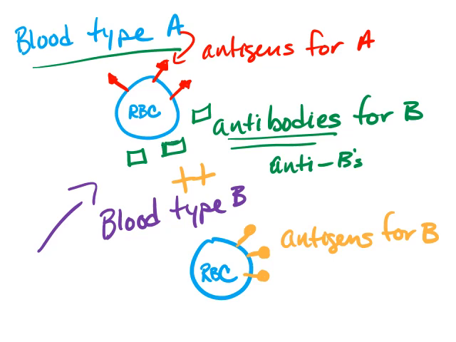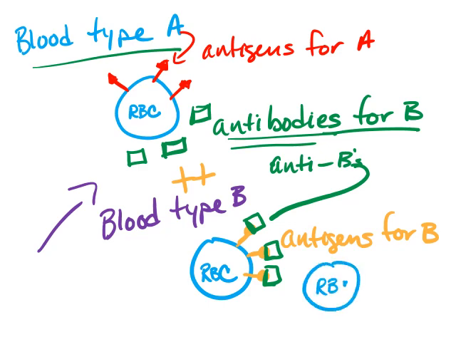What happens to all of these antibodies? Antibodies will bind. These anti-Bs will come here, and they'll bind. Guess what? You don't give somebody just one red blood cell, right? If we give you a red blood cell transfusion, we're giving you millions of red blood cells. So here's another B. And what's going to happen is the antibodies are going to bind it, and then everything is going to stick together or clump.